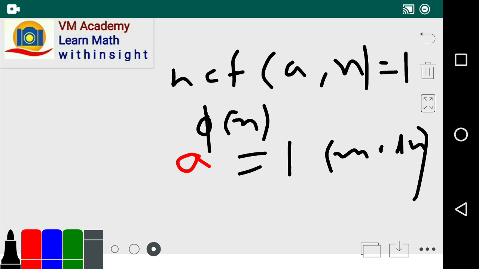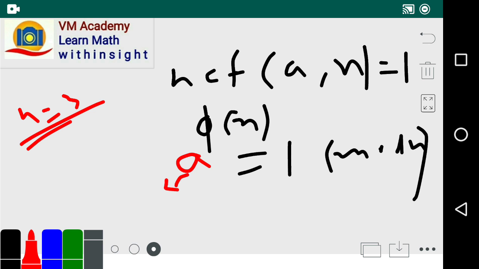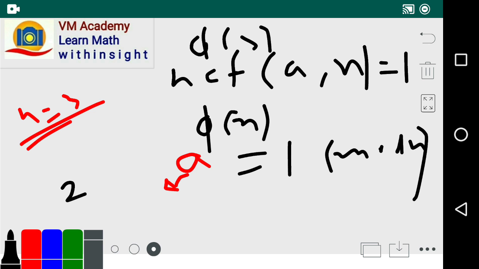Example, friends. Let n be 3, and let us take a equal to 2. So 2 raised to phi of 3. What is phi of 3? That is the total number of numbers that are relatively prime to 3 and less than 3. So 1 and 2 are such numbers, so a total of 2 numbers, and phi of 3 is nothing but 2.